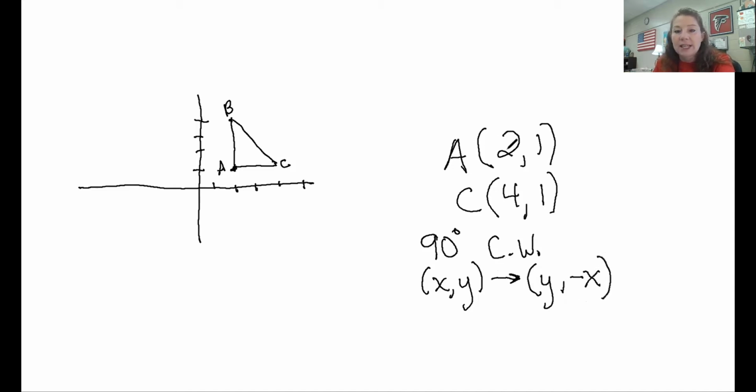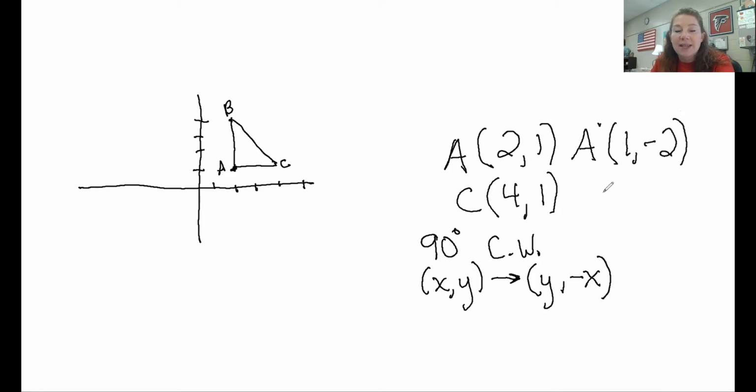Well, let's look at letter A. Letter A is at 2, 1. This tells me we're going to take the 2 and put it to the back. So what is A prime? We take our 2, pull it to the back, and it becomes negative, and that 1 becomes our first coordinate. So 1, -2.